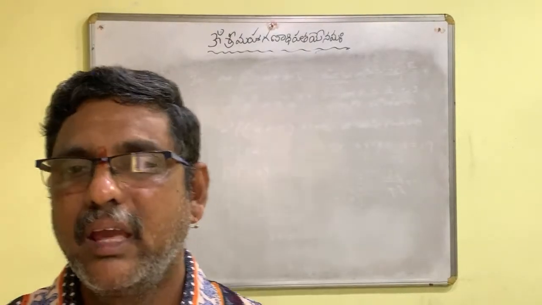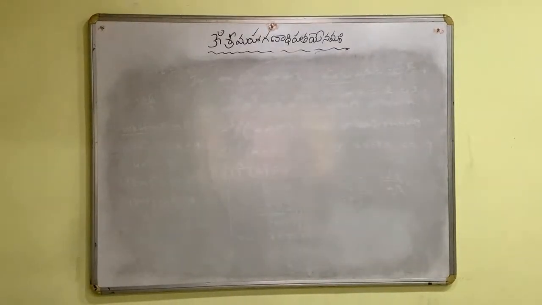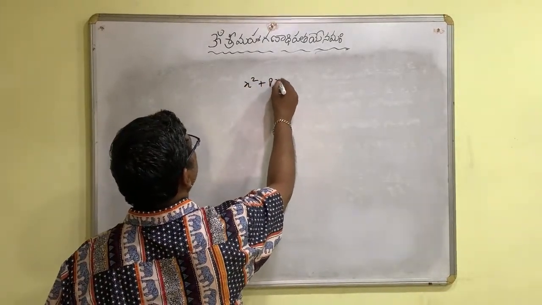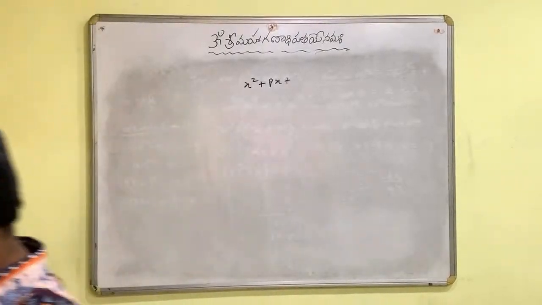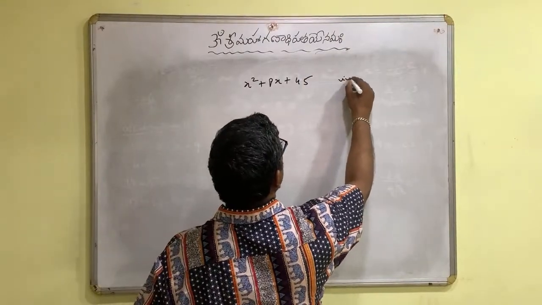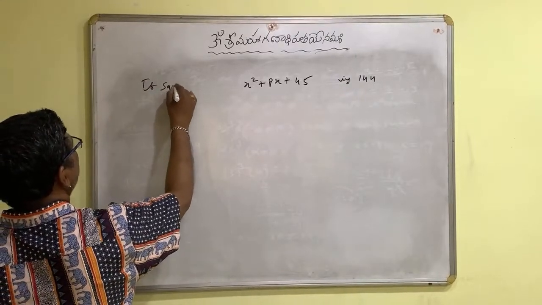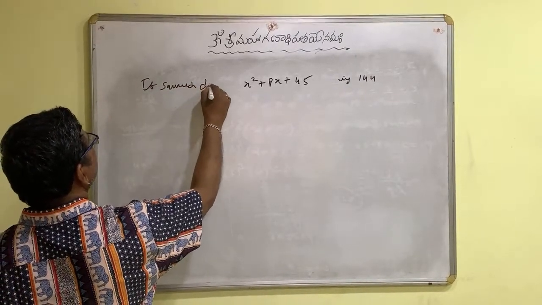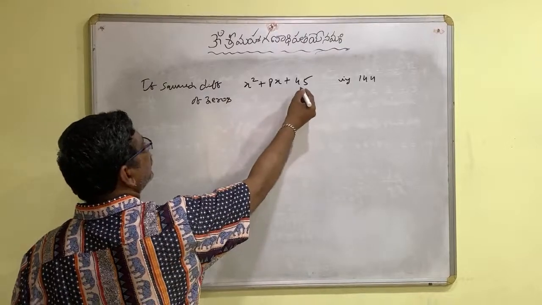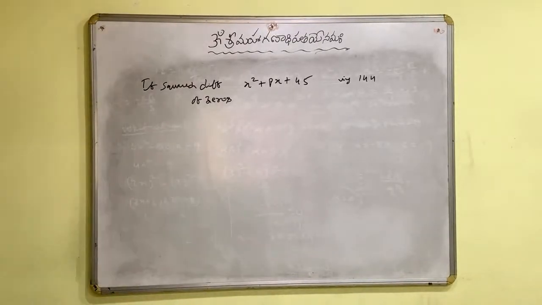If the squared difference of zeros of the quadratic polynomial x square plus px plus 45 is 144, find the value of p. This is the question.